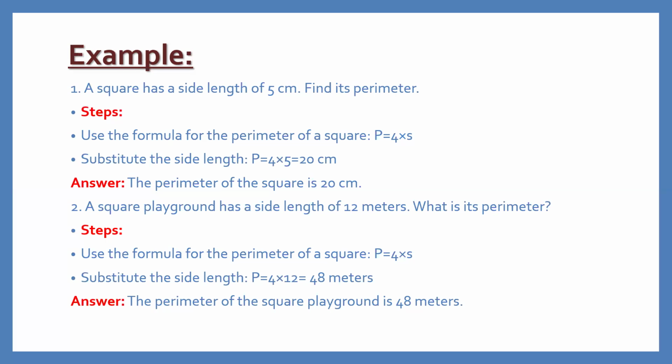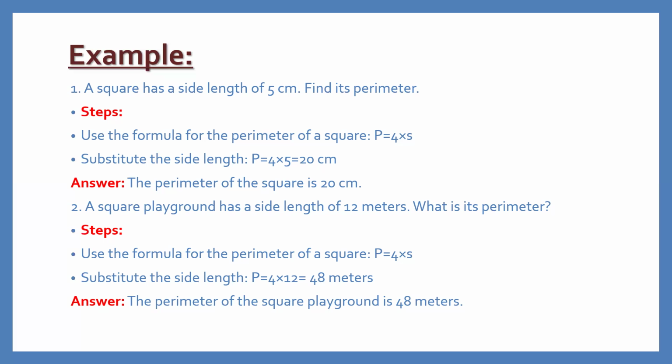So what were the steps we have gone through? The first step was to check whether the given information fulfills the requirement of a solution. Yes, for the perimeter of a square, we require the value of side. Here in the given question, side is 5 centimeters. So we know the formula for the perimeter of a square is P equals 4 multiplied by S, meaning side.